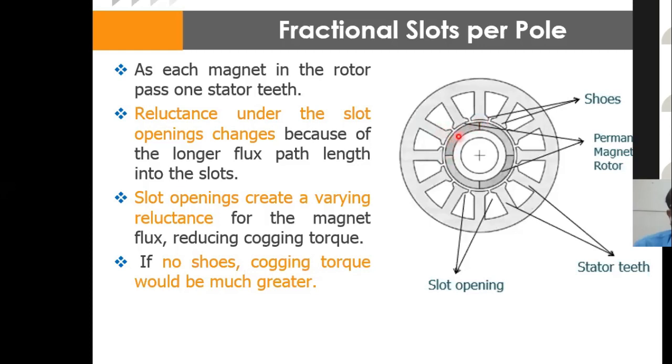One magnet is covering two stator teeth at the same time, but you know the logic, only one will be excited at a time. So when the next cycle is coming, it is traveling over one like pole and one unlike pole. When it is at the unlike pole, it will attract, and obviously the next will be of like pole, so it will try to repel. So this will also reduce the cogging torque.